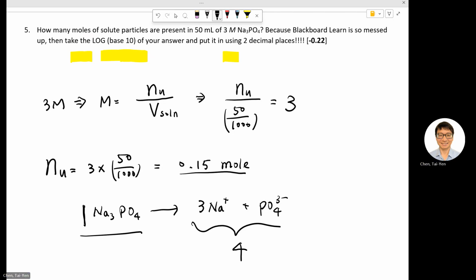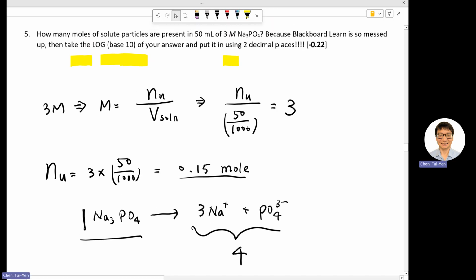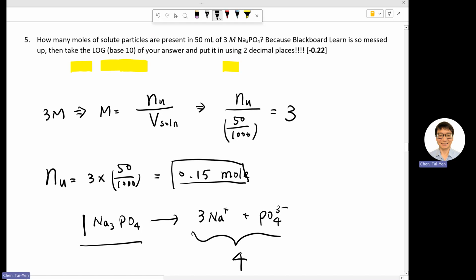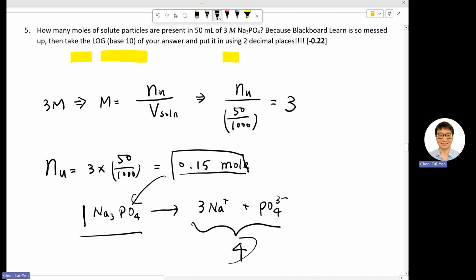When we calculate the concentration, this 0.15 mole is how much Na3PO4 you have originally. But since it is a soluble salt, 1 mole of that is going to give you 4 moles of particles. We call this 4 the Van't Hoff coefficient.